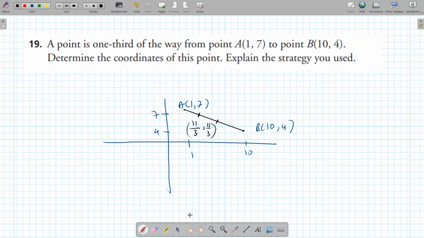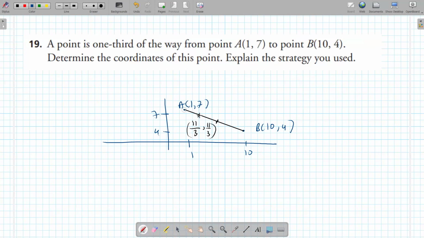It's not going to be 1/3. It's going to be 2/3. Let's check. So how do we check this? You can check this by using the distance formula. Anyways, let's come up with this point. It's not as bad as you think.